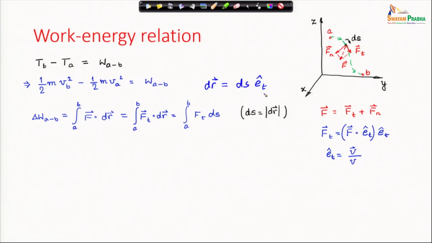Therefore, dr is ds times Et cap, and when you take dot product of F and dr, remember Ft is this, it is already with Et cap, and ds you will get this, where ds is the magnitude of the dr vector.